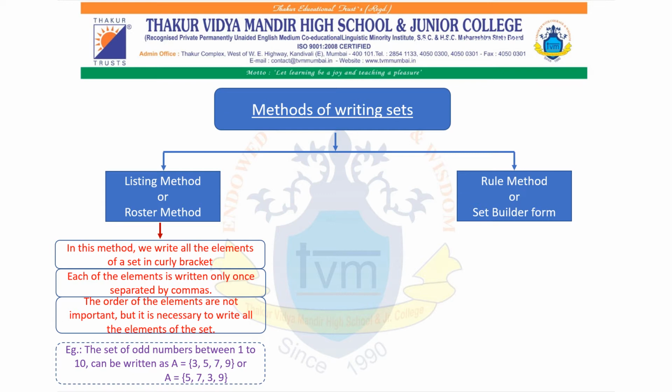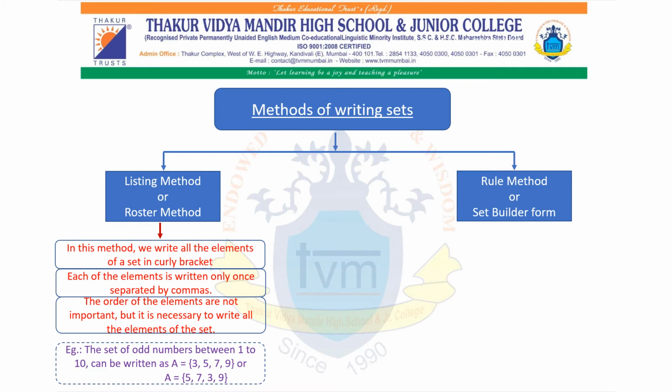It can also be written as A is a set of 5, 7, 3, 9. What we did here is interchange their positions. As we studied above, the order of the elements is not important. It is necessary to write all the elements of the set. So we can even write it as A is a set of 5, 7, 3, 9.